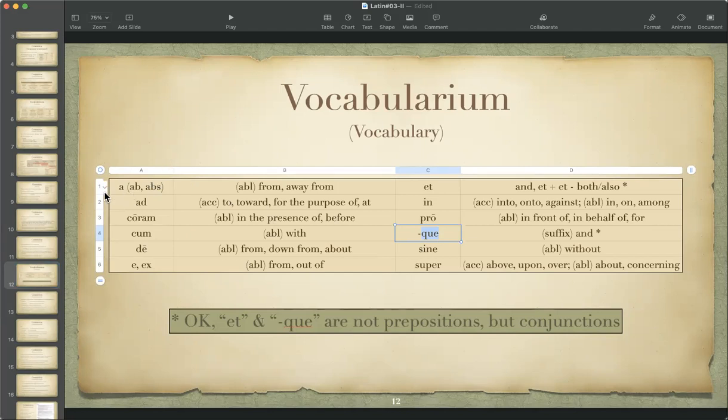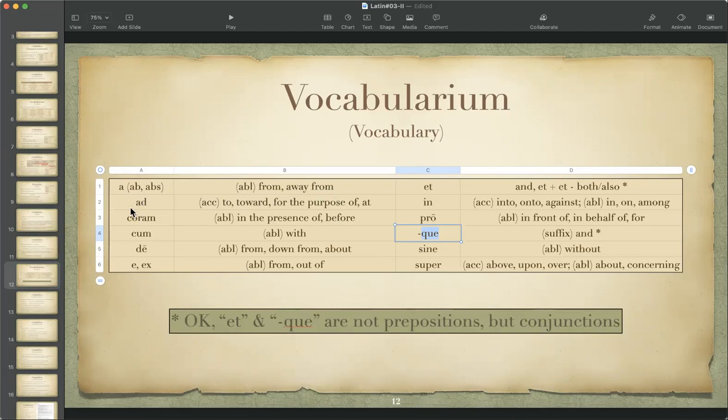And so ab or abs means from or away from, and it takes the ablative. I worked in space too long today. The ablative heat shield and the ablative declension.